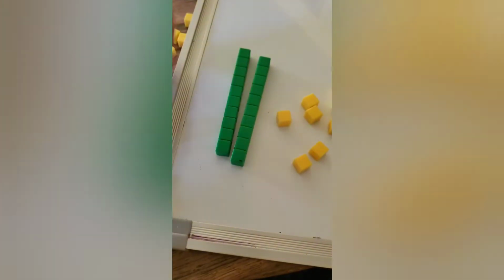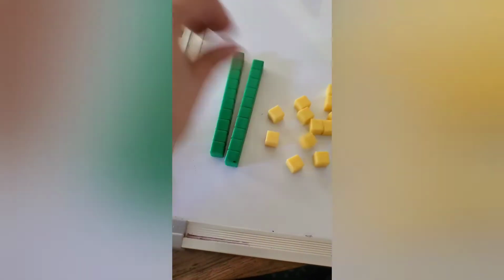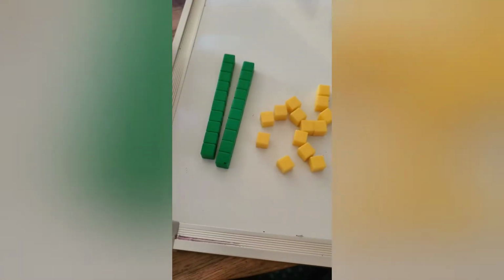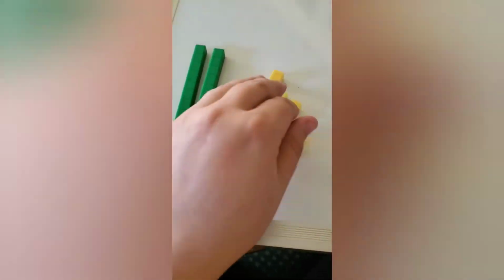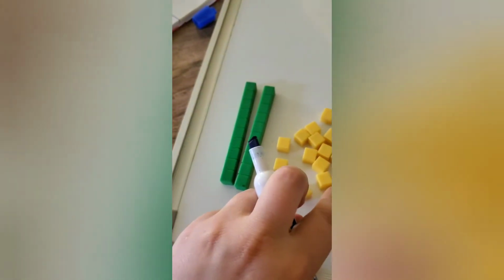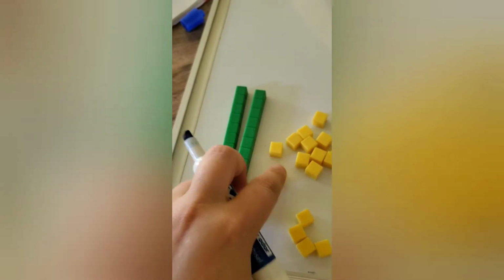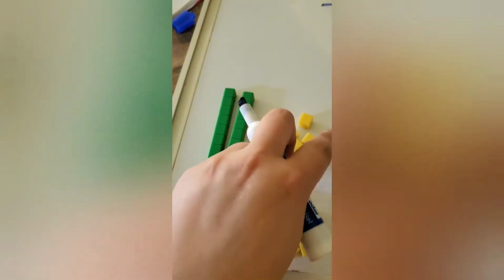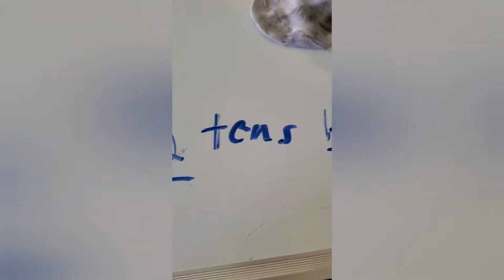You're right, it's 10. 1 2 3 4 5 6 7 8 9 10. So instead of 3 tens and 6 ones, what do I really have? I have 2 tens and how many ones? Let's count them. 1 2 3 4 5 6 7 8 9 10 11 12 13 14 15 16 ones. Okay? So 2 tens and 16 ones.